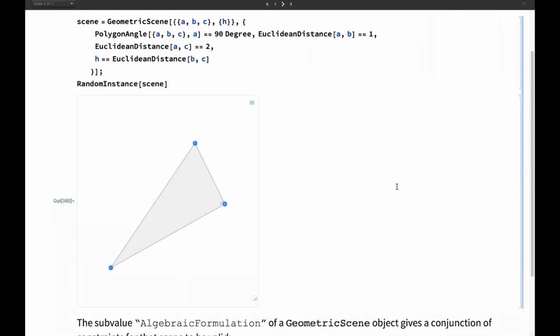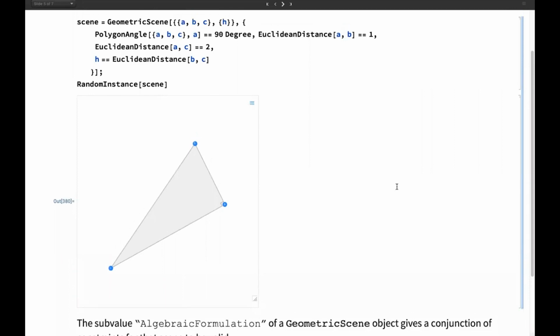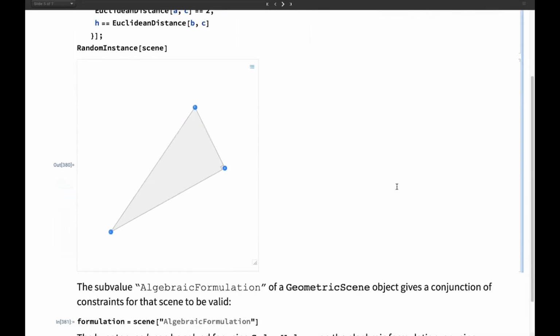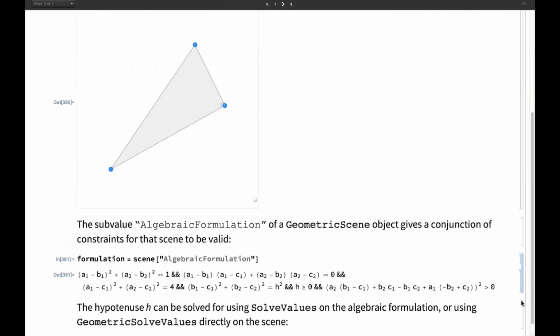The subvalue algebraic formulation of a geometric scene object gives a conjunction of constraints for that scene to be valid. That is, if we take this subvalue algebraic formulation of the scene, we get this conjunction of constraints for this scene to hold.